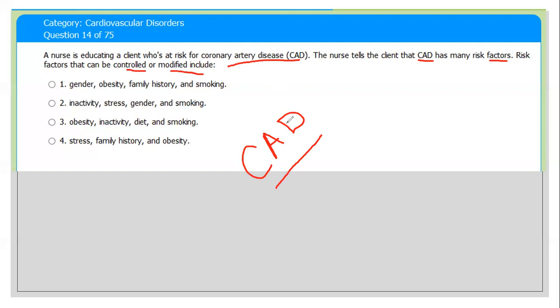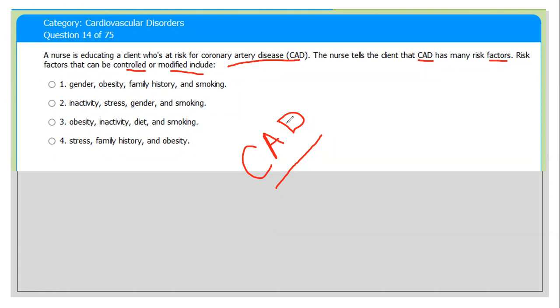CAD, or coronary artery disease, also known as coronary heart disease, is a condition where the major blood vessels supplying the heart get narrow, and the decreased blood flow can cause chest pain and shortness of breath.